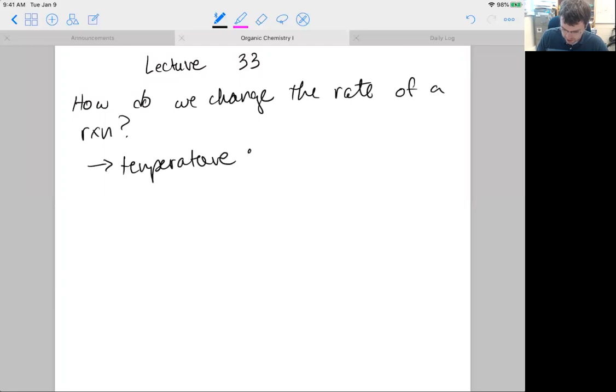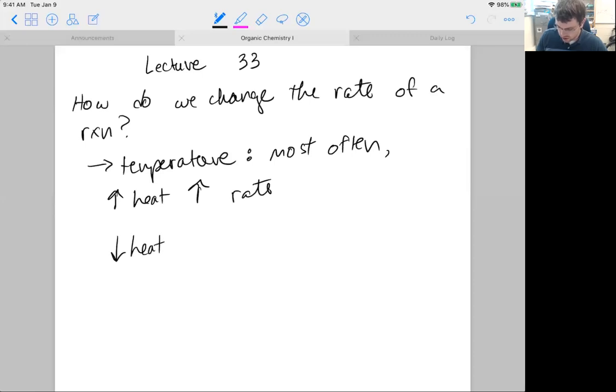Most often it's the case that heat will increase rate. So if we increase heat, we increase rate. If we decrease the temperature, that is, cool the reaction, decrease the amount of heat that we're inputting into the system, we will decrease the rate, relatively speaking. Okay, so we looked at that last time.